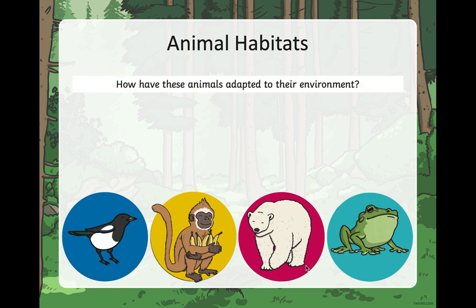So as I said, these animals kind of adapt to their environment. Like I said, the frog wants to live in a place where there are bugs because he has a tongue that can actually stick to the bugs, or the polar bear has a very thick skin, or the monkey has a thumb in their hands.